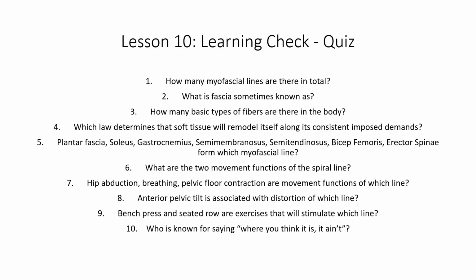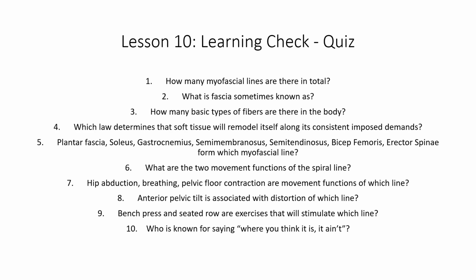Number 1, how many myofascial lines are there in total? Number 2, what is fascia sometimes known as? Question 3, how many basic types of fibers are there in the body? 4, which law determines that soft tissue will remodel itself along its consistent imposed demands?